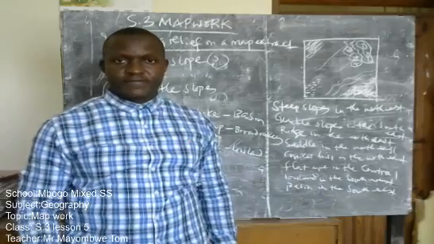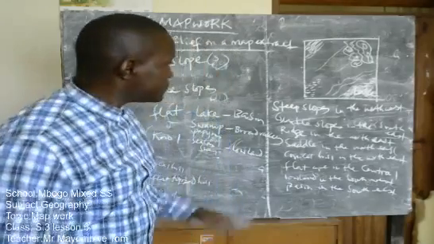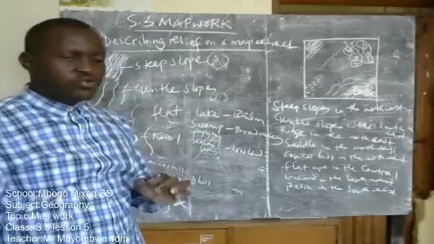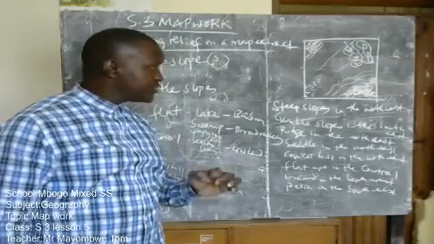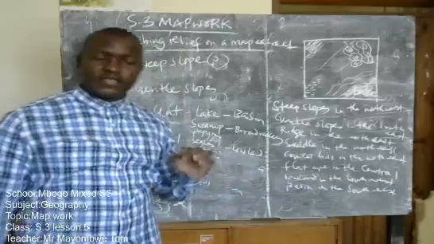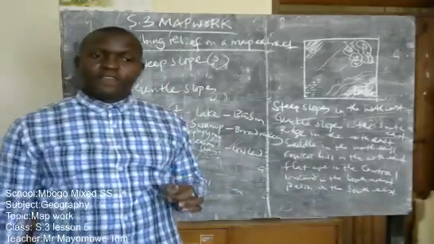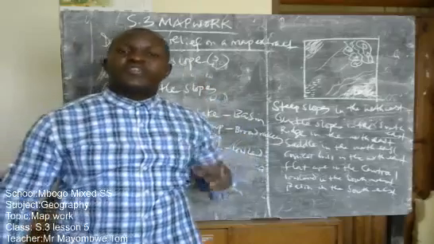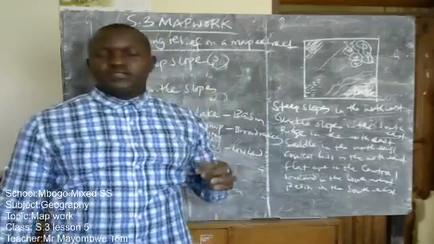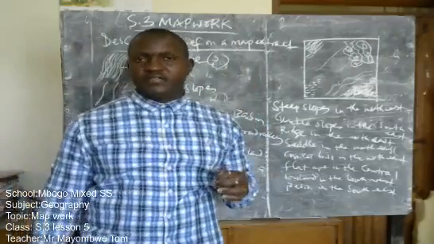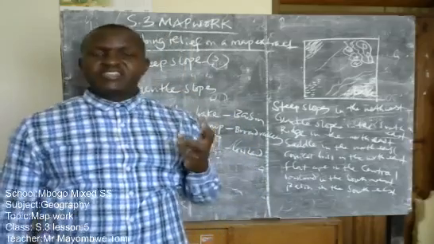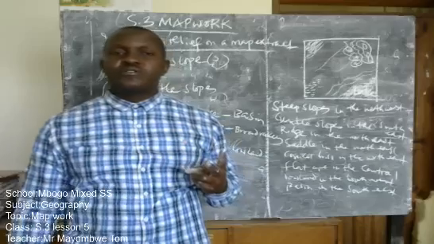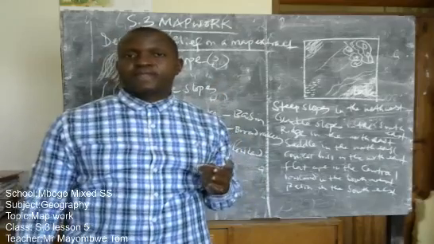Are you together? Yes. So this is how we describe the relief of the area shown on the map extract. Simply identify a relief feature and then show us where it is located. In locating these relief features, we use place names, compass direction, or grid square.